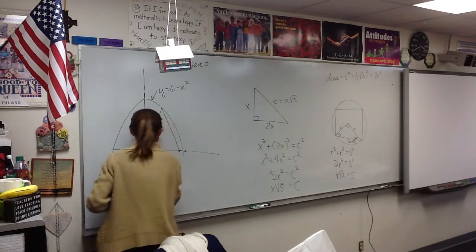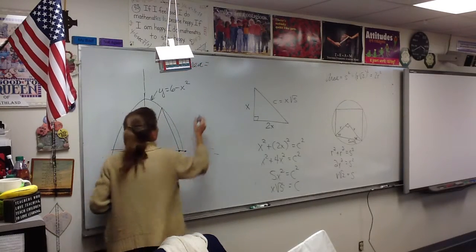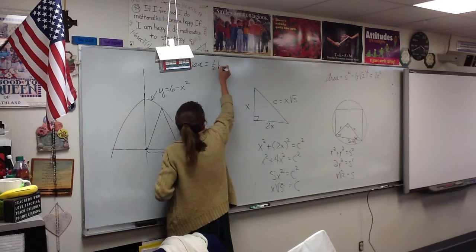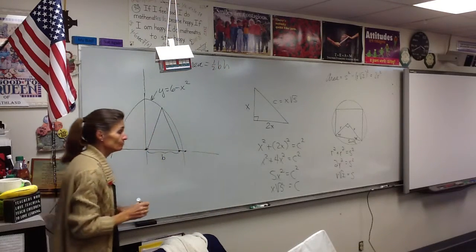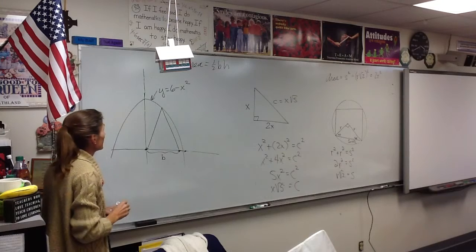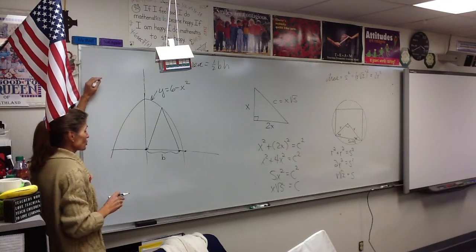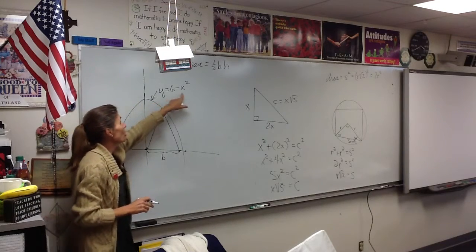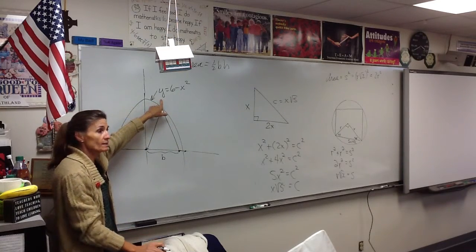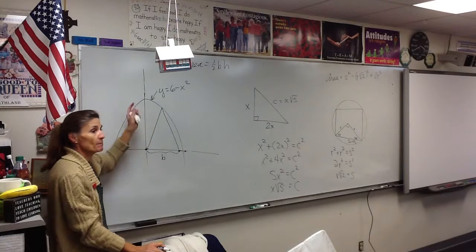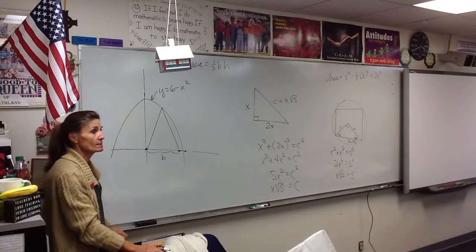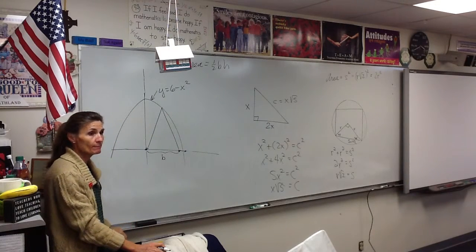What's the formula for the area of a triangle? One half base times height. Alright, now let's talk about a couple things here, just getting this thing started. How did I know how to draw y equals 6 minus x squared? I mean, I just slapped that up there almost carelessly. How did I know that? It's x squared.